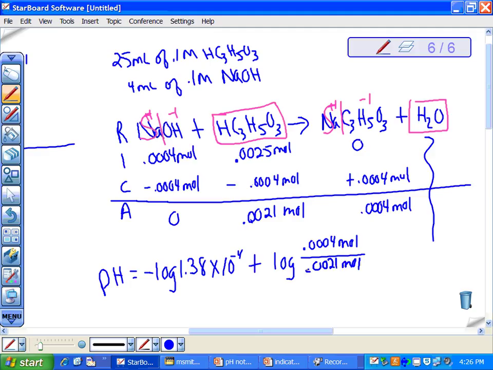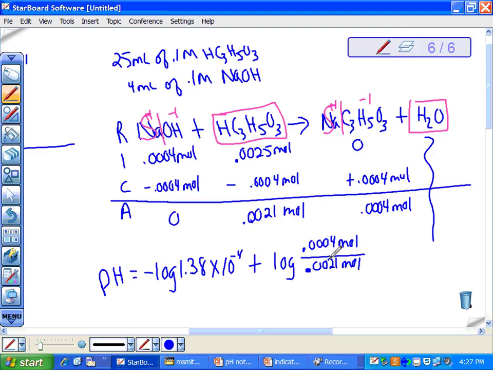Now, I want to point out something a lot of people are missing on the quiz. When you use Henderson-Hasselbalch, you can leave it in moles, or maybe you should change it to molarity. I'm beginning to wonder if I should make everyone change it to molarity at the start, because people are forgetting to change it later. I thought I was being nice by letting you leave it in moles. This is a proportion, and the mole proportion and the molarity proportion are the same thing.